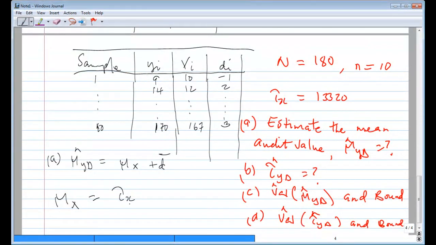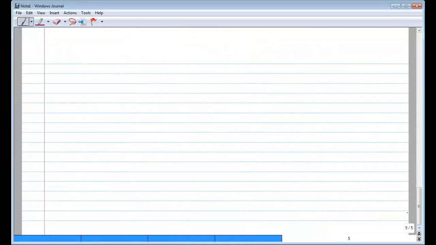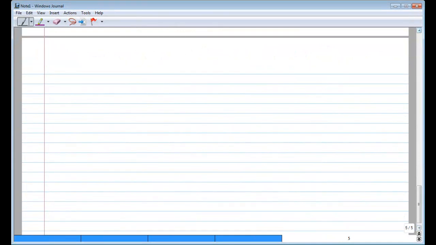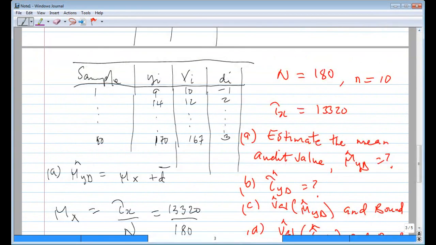Yes, thank you very much. That is the mu x. Now, tau x is 13320. Then you divide by population size, 180. You'll get 74. So our mu x is 74.